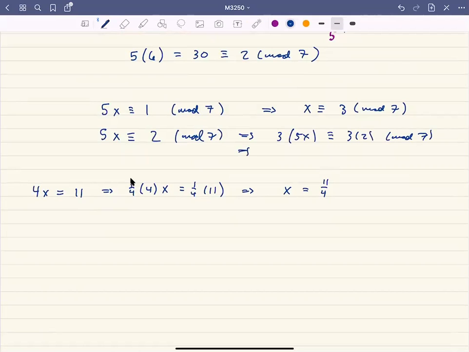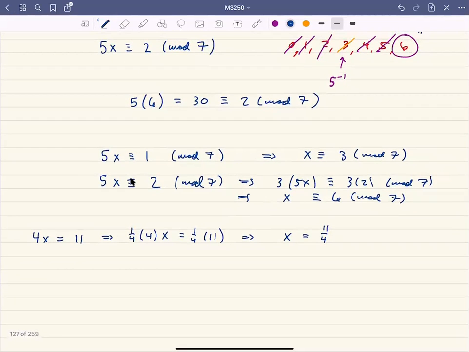Then 3 times 5 is 15, which is 1 mod 7. So 15x is actually the same as x mod 7, and you end up with x is 6 mod 7. So there's another way to get your solution.